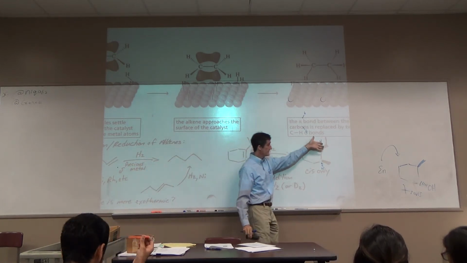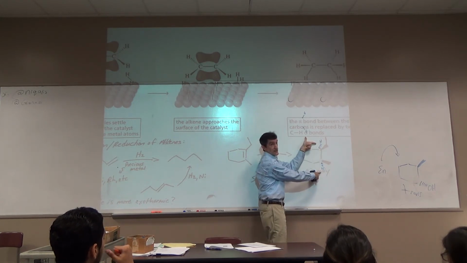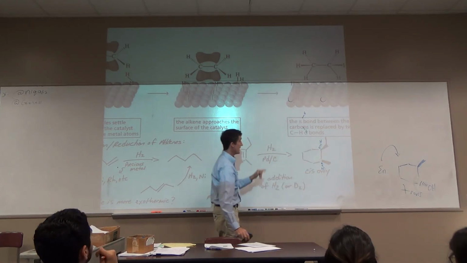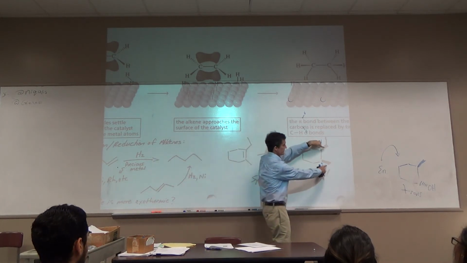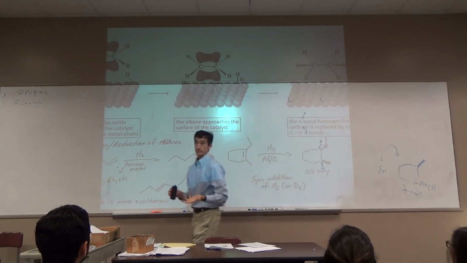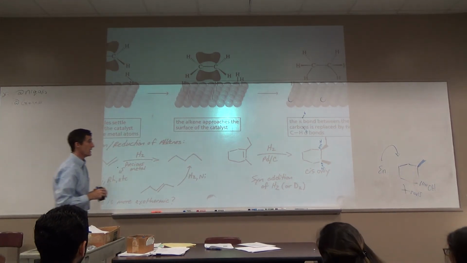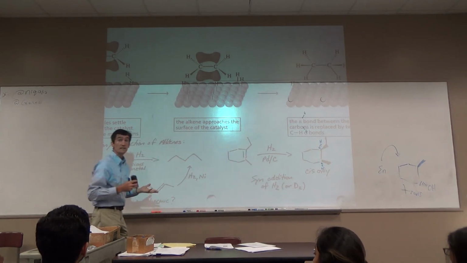So they end up being cis. Why are they cis? Because the H's are cis. Why are the H's cis? Well, they came from the metal. Okay? And you would only get a cis product. You're not going to magically do this reaction and have these two groups trans to each other. It's a syn addition of H2. Now, of course, we can sometimes see the isotope of hydrogen, and you might see D2 here.